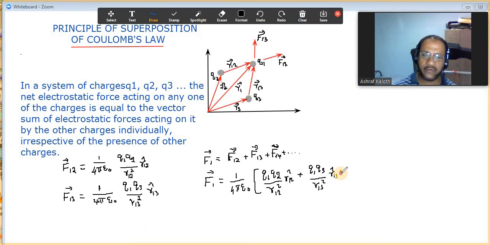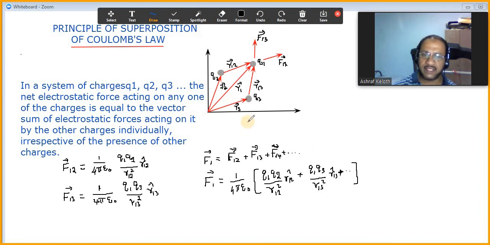If there are more charges, again we can add like this, plus Q1 Q4 divided by R14 square into R14 cap, etc. That will give the total force acting on the charge Q1 because of the other charges.